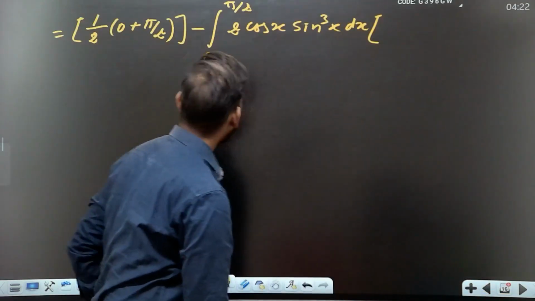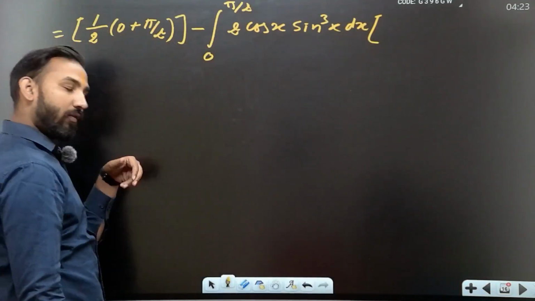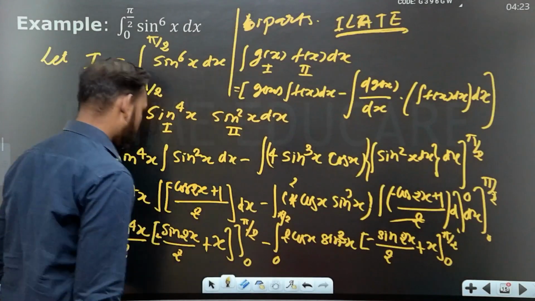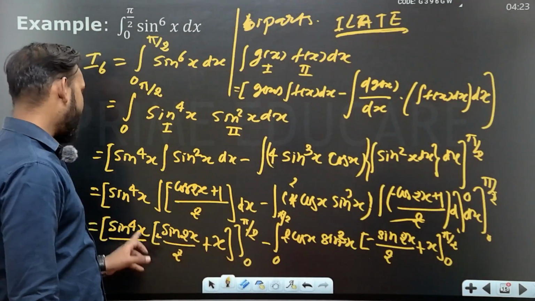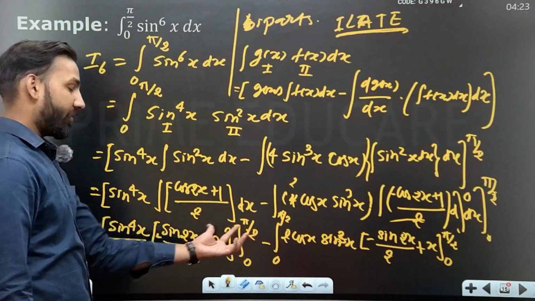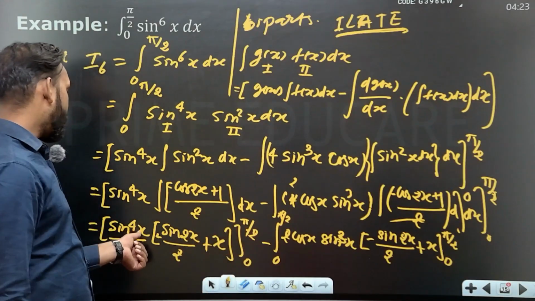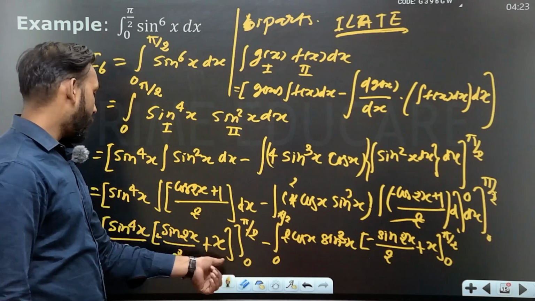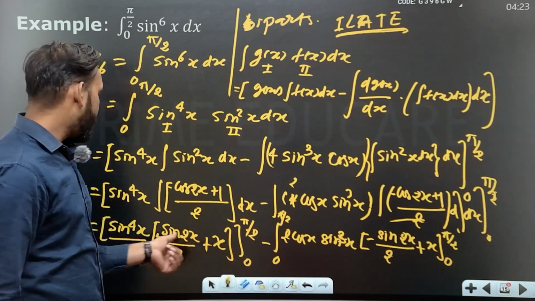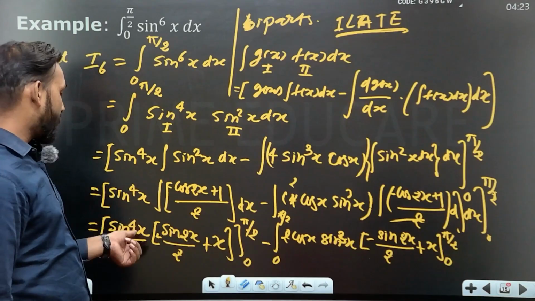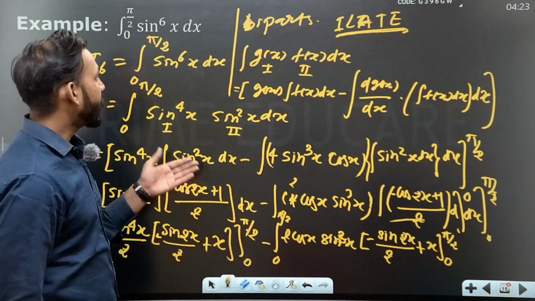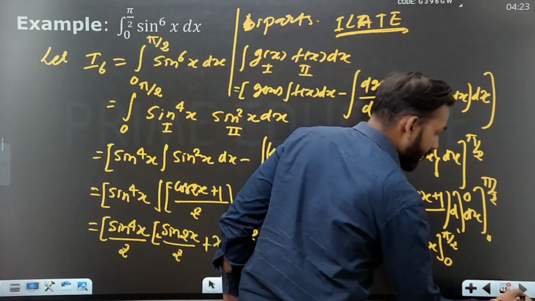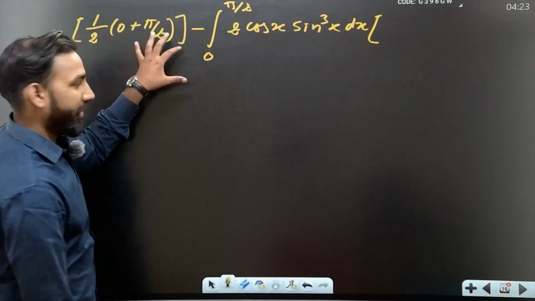There, if we put 0, lower limit, we get the result is 0. Why? Because we put upper limit minus lower limit, and at the lower limit, x is put 0 at the place of x, we get sine 0, and the value of sine 0 is 0, 0 multiplied by something is 0, therefore we do not need to put 0 here, right?